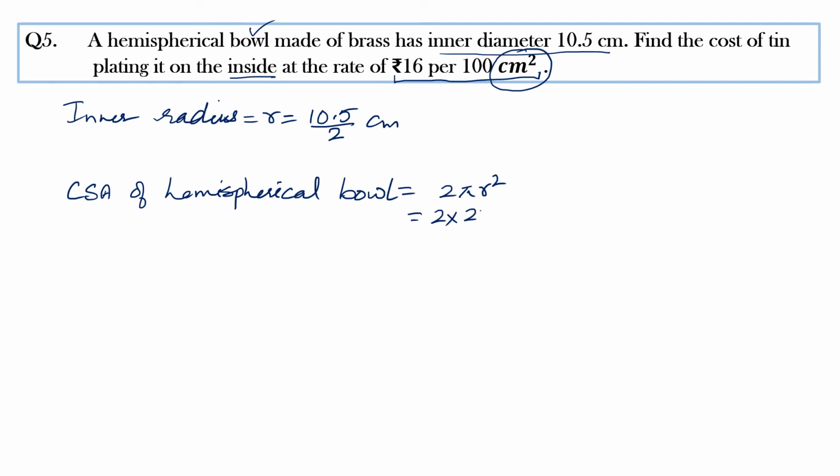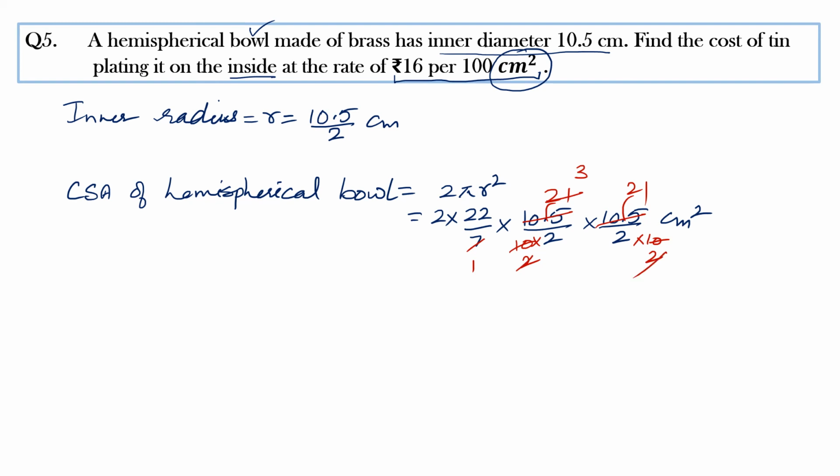The value of pi is 22 by 7. R is 10.5 by 2 into 10.5 by 2 centimeter square. Let's simplify this. Decimal remove हुआ, नीचे 10, इधर decimal remove into 10. Now 5 twos are 10, this one. Similarly, this been cancelled out. 7 ones are 7, 7 threes are 21.